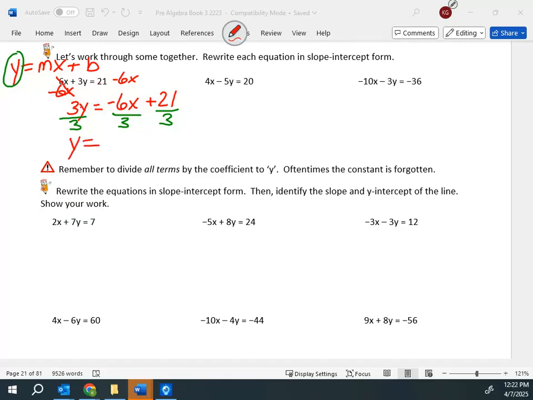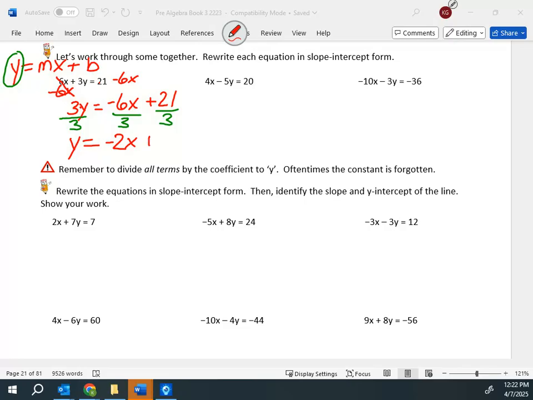This was multiplying. I'm doing that opposite operation to get the 3 to the other side. So instead of multiplying, I'm dividing. It's that same opposite operation. What is negative 6 divided by 3? Luke? Negative 2. And then I keep that x there. What is 21 divided by 3, Amala? 7.